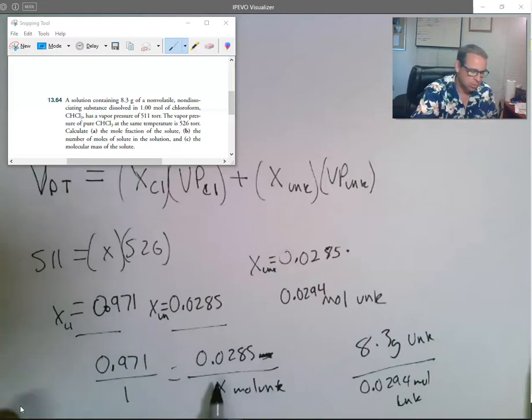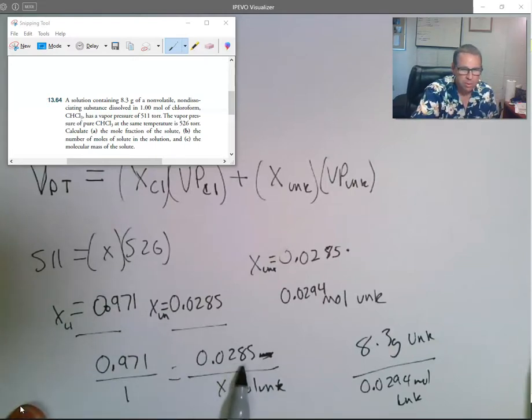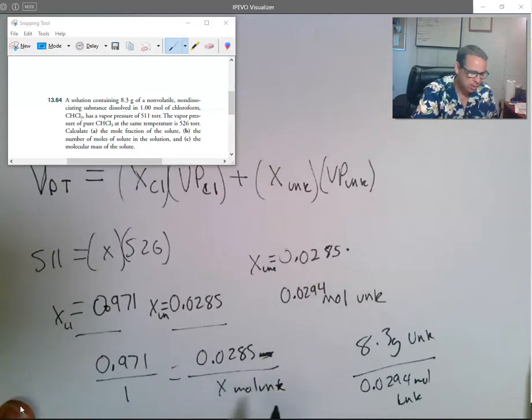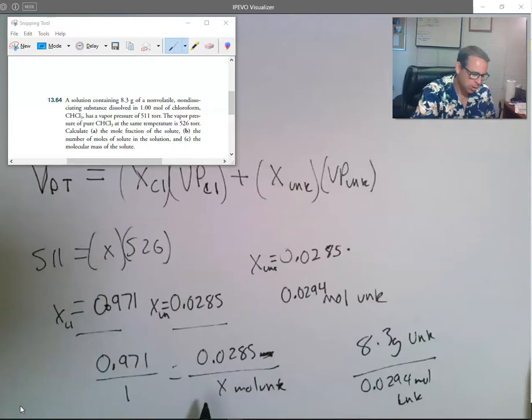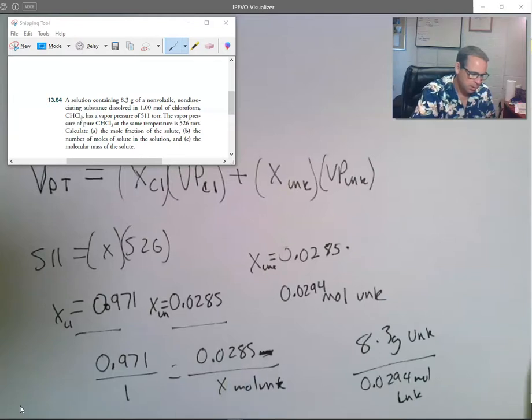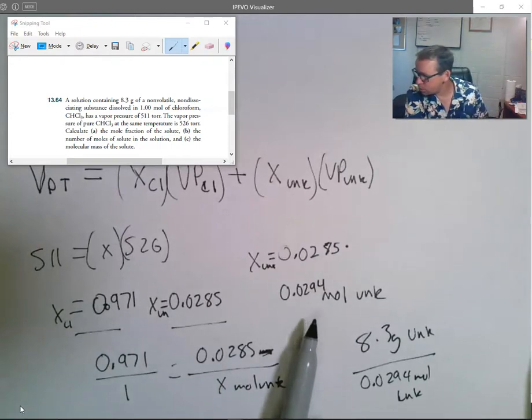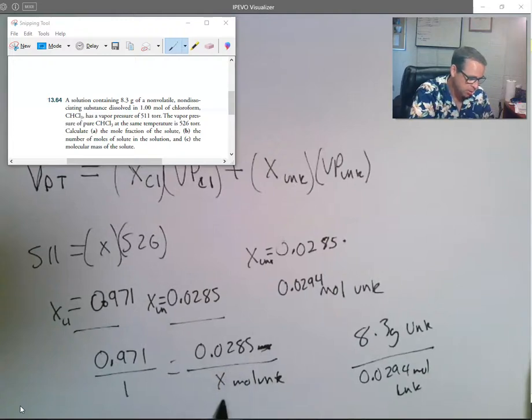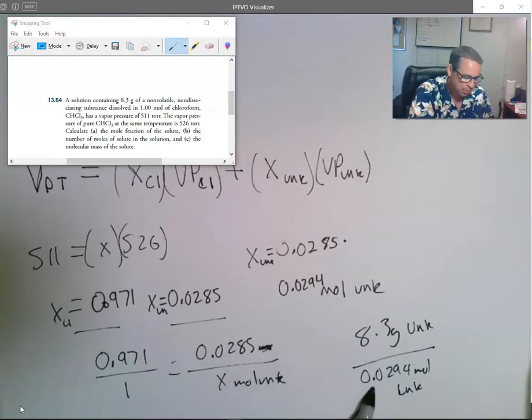Here we carried 3 significant figures, 0.0285, and if we rounded that answer to 0.029 and then solved for this, we would get a slightly different number.